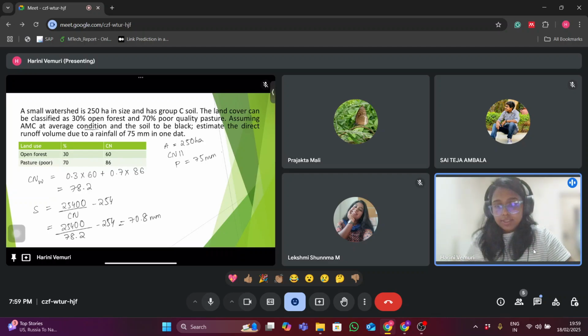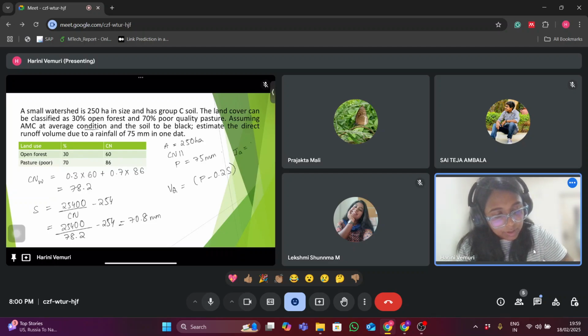Okay. Once we get this, the volume of runoff is estimated as P minus Ia whole square by P minus Ia plus S. I'm considering that initial abstraction is equal to 0.2 times the maximum potential retention.